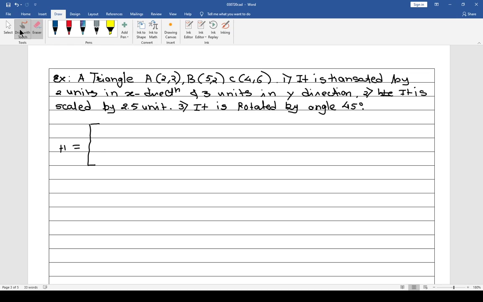So my rotation will be my last operation, and therefore I write the value here: 0.707, then minus 0.707, 0, then 0.707, 0.707, 0, and last will be 0 0 1.